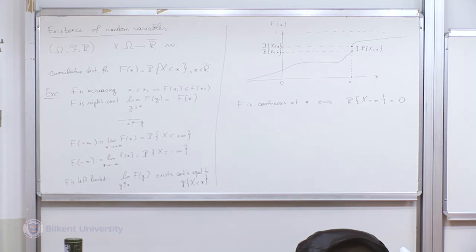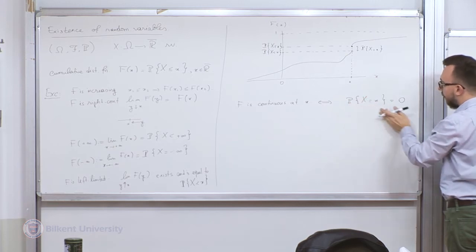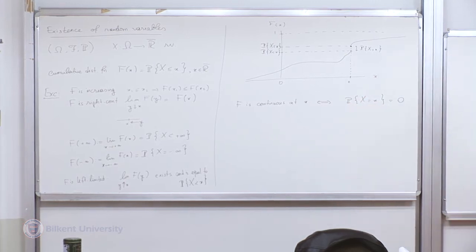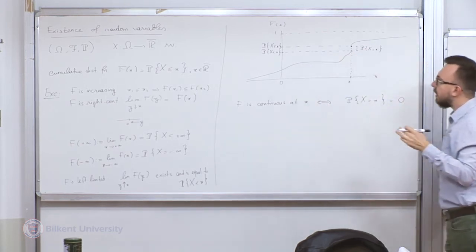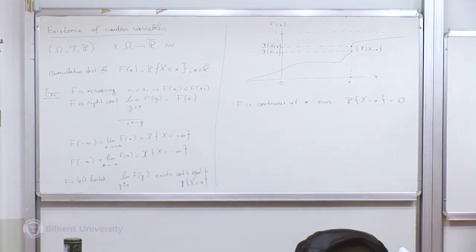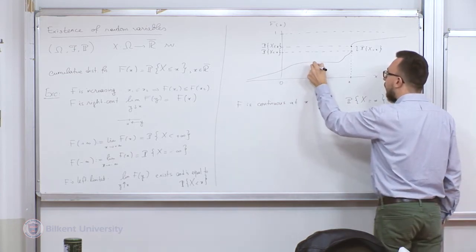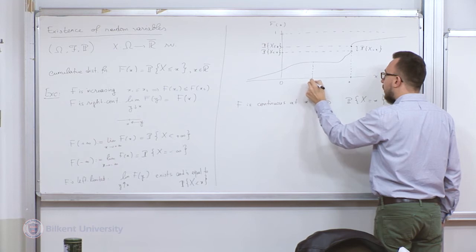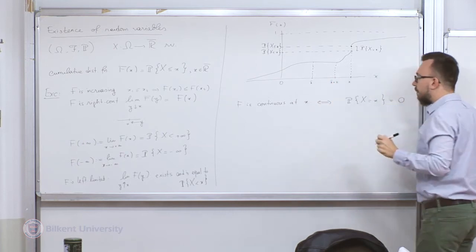So the jump size is really the mismatch between the less-equal and strictly-less type of probabilities, and it gives us the atoms. If there is a jump at any point, this means it is an atom of the distribution of X. And you see here that the cumulative distribution function doesn't have to strictly increase. It can stay constant for a while. Let's say we have some x bar here up to x bar plus epsilon.